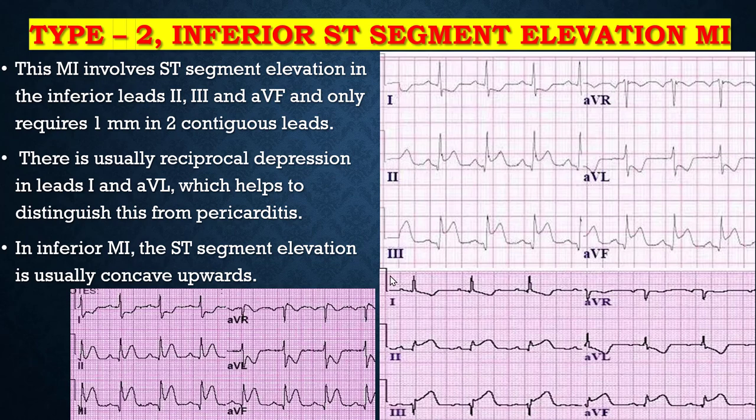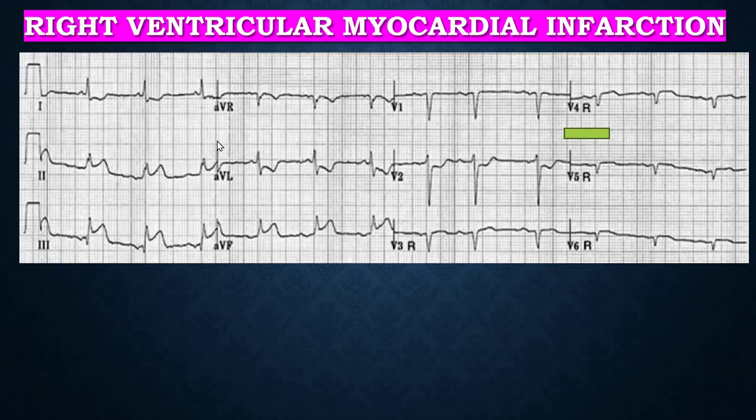This is lead 1 and this is AVL. You can see the ST depression. The criteria for inferior ST segment elevation is that there must be elevation of at least 1 millimeter in 2 consecutive contiguous leads.